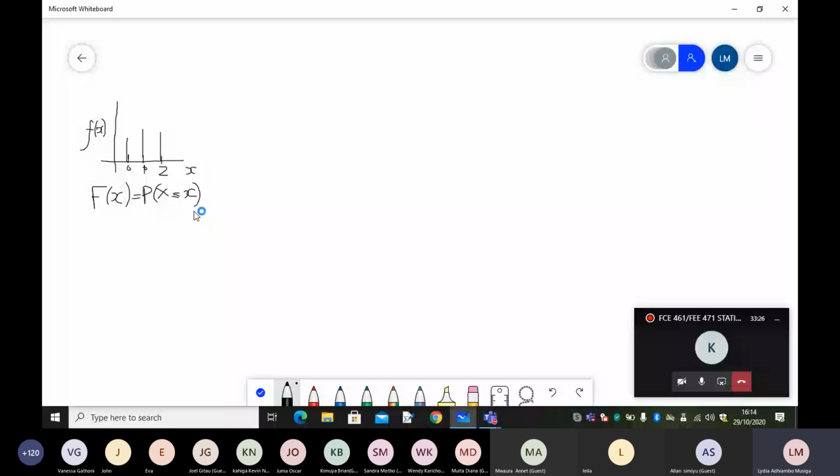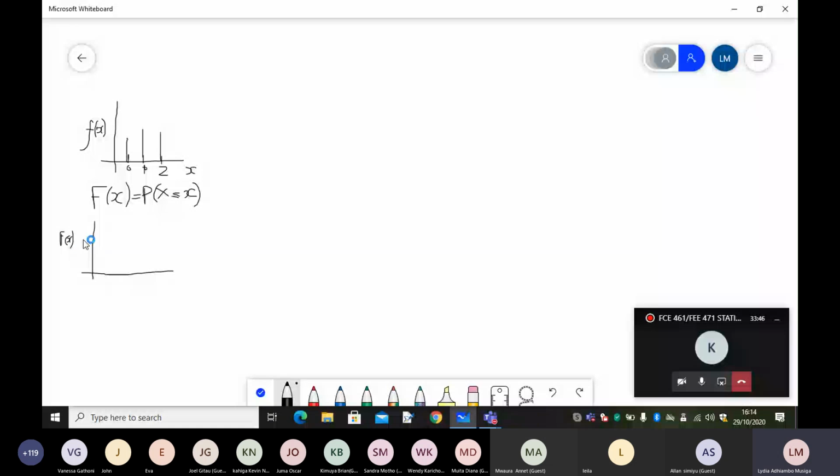So if we want to plot this cumulative distribution function, one thing we know is that the maximum value of the cumulative distribution function should be 1. It goes up to a maximum value of 1.